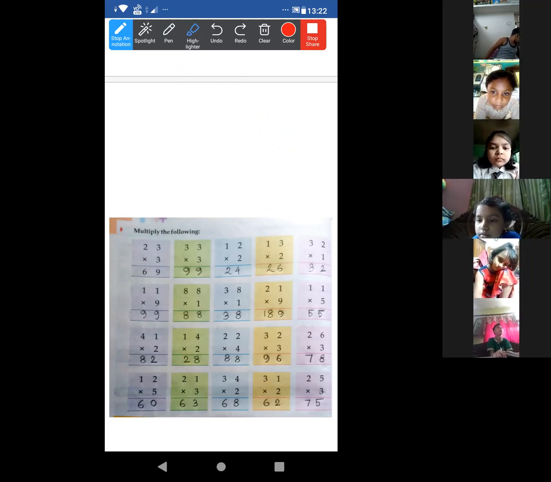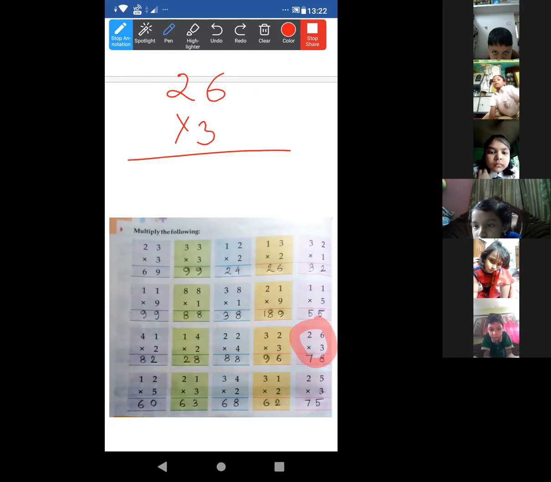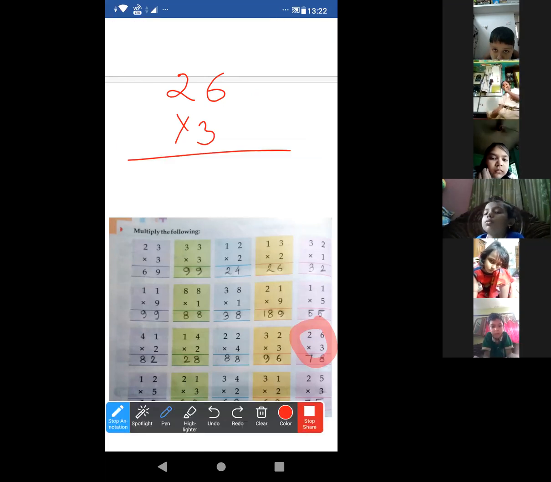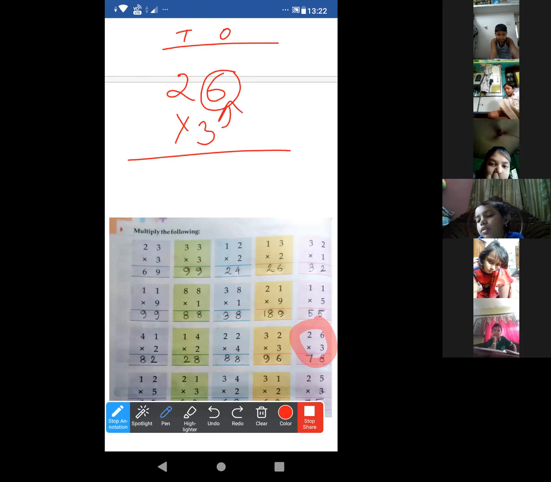Now let me explain this one. It is 26 multiplied by 3. Look, it is carry forward multiplication. How? First we do 1's place. This is 1's place, this is 10's place. Look, it is 6 in 1's place. So 3 6s are what? 6 into 3, 18.